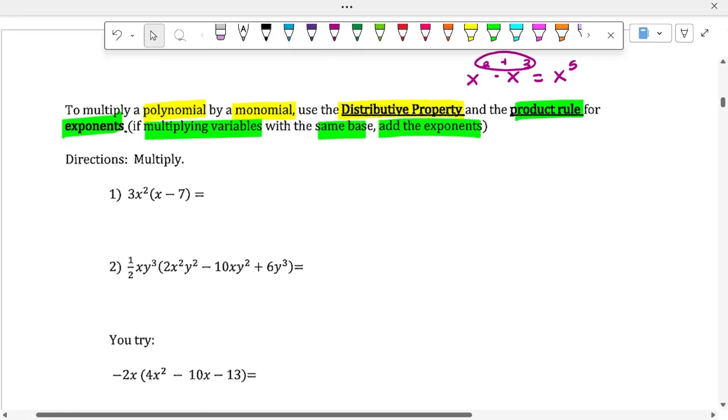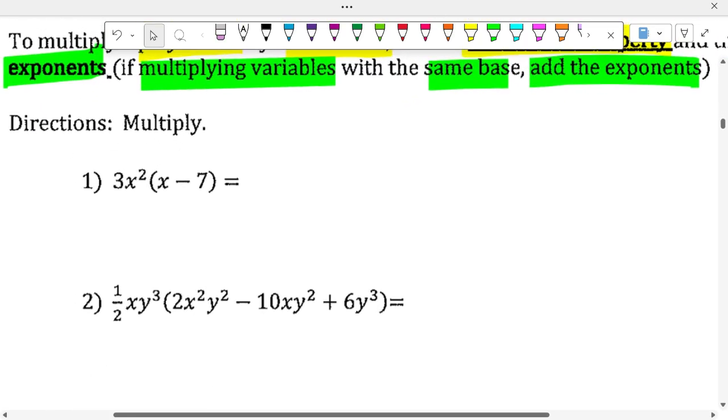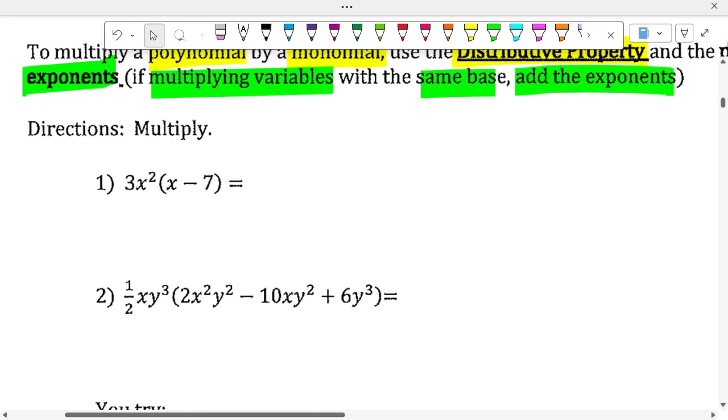All right, so let's look at these first couple problems. All right. So I'm going to distribute 3x squared to both of those terms in the binomial. Now remember, what's in front of this x is a 1. So you're going to multiply the coefficient of the monomial to all the coefficients in the binomial.